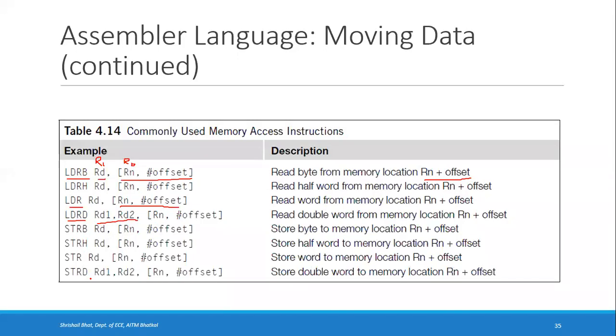So the sizes can be 8-bit, 16-bit, 32-bit, or 64-bit, depending on what suffix you use. If you do not use any suffix, by default it will be a word, 32-bit. If you use B, H, or D, it will be byte, half word, or double word respectively. So this is about accessing memory through the instructions.